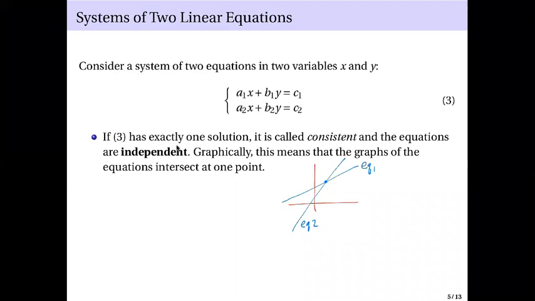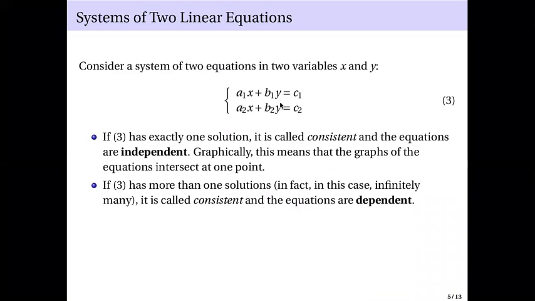So for exactly one solution, graphically, the lines will only intersect at exactly one point. But anyway, we are not doing graphs yet. This is just what it means to have exactly one solution.